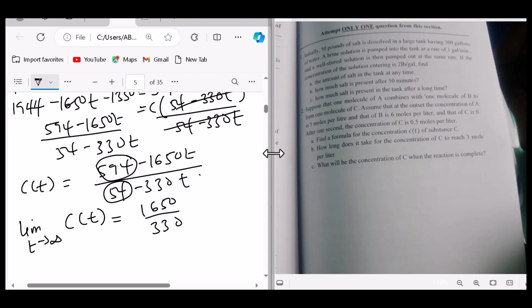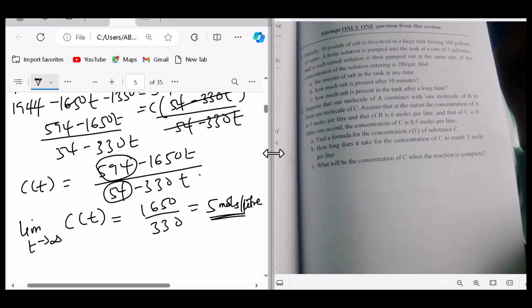So that's just equal to 5. So 5 moles per liter. Yeah, per liter. So this is the answer when the reaction is complete.